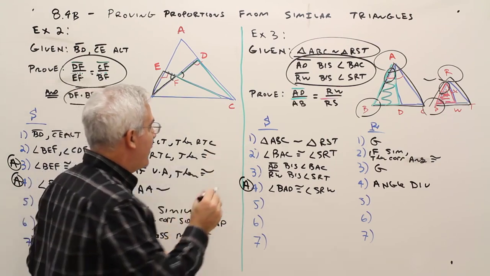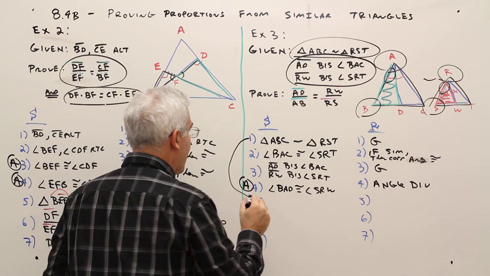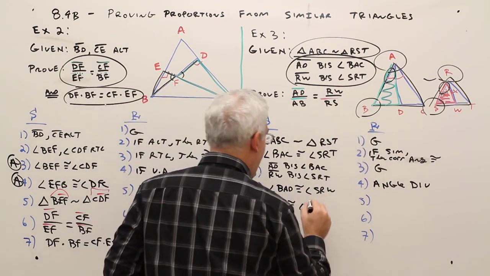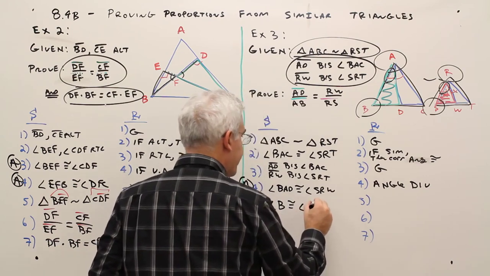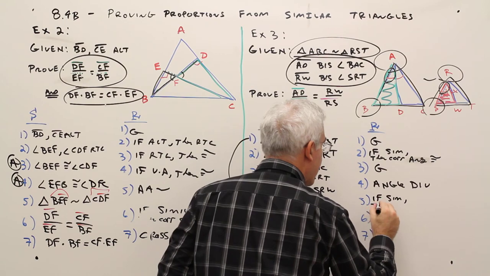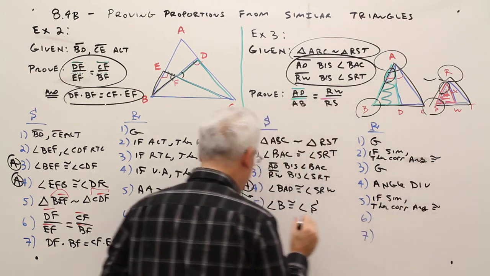And then I'll go back to this step here just to let you know step 1 is linking to step 5. I'll get angle B to be congruent to angle S. Again, if similar, then corresponding angles congruent.